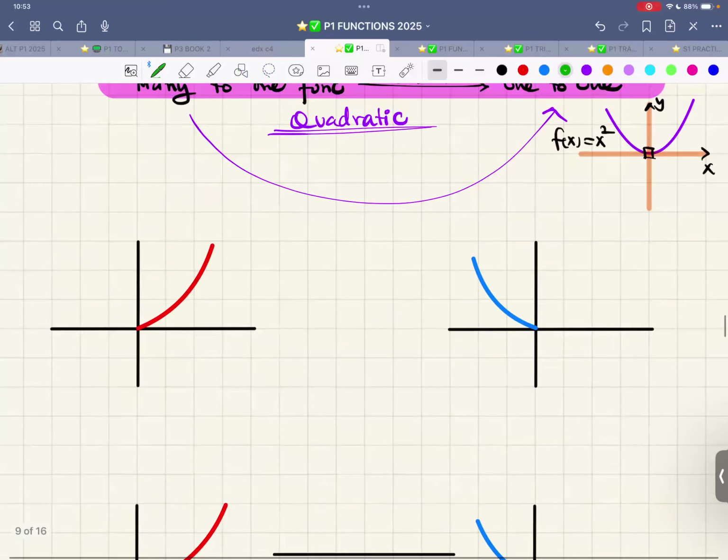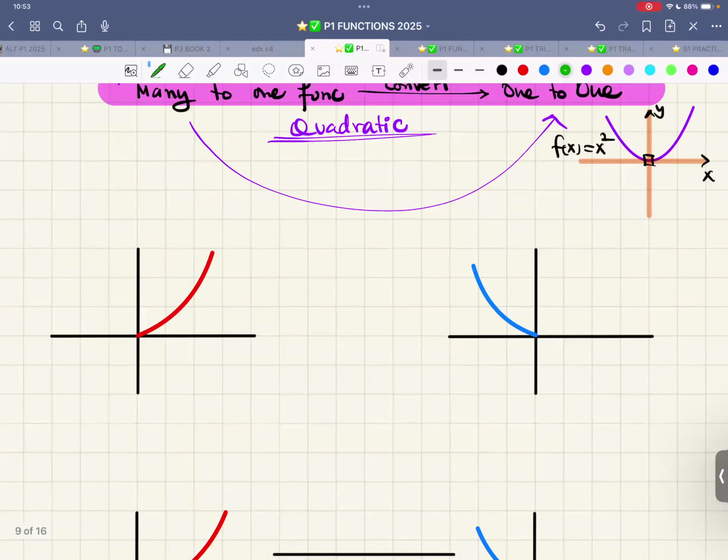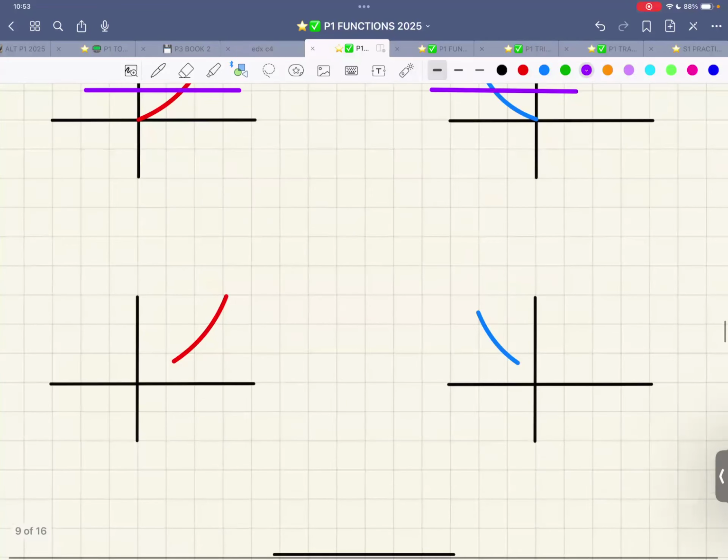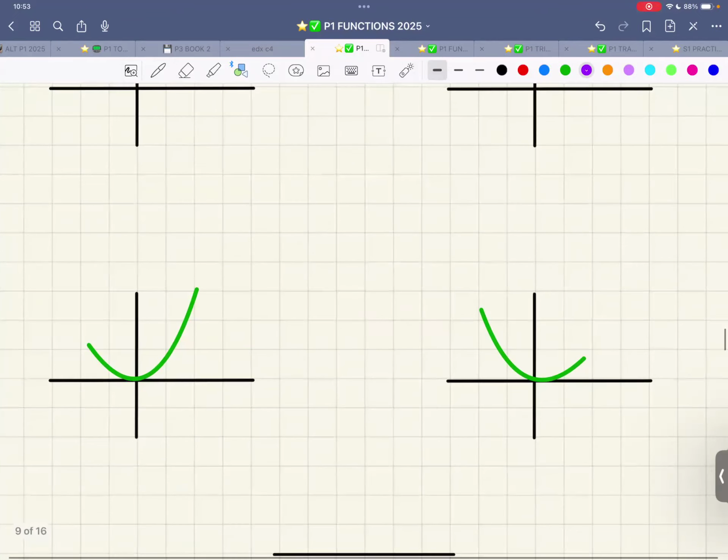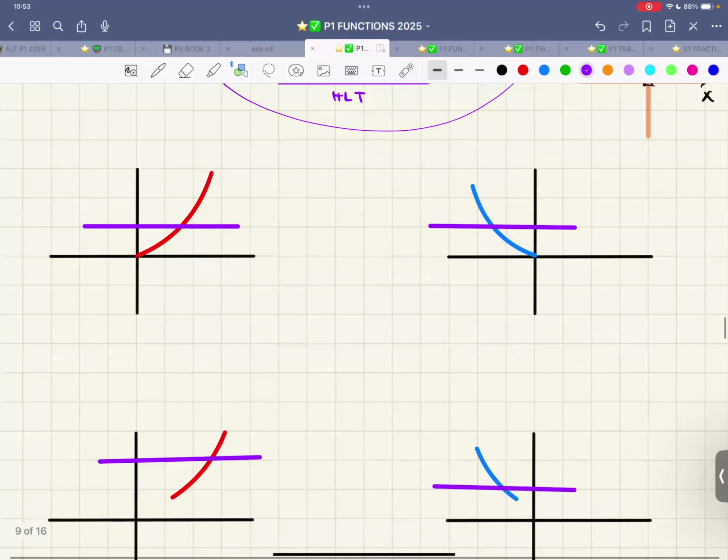And I'll apply the horizontal line test. So let me apply HLT, horizontal line test. So let me draw a horizontal line, another one. And I'll just be writing down the domains over here.